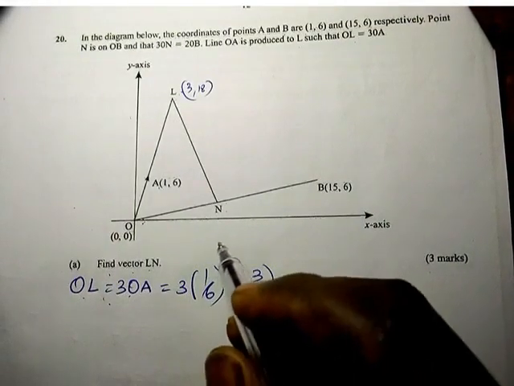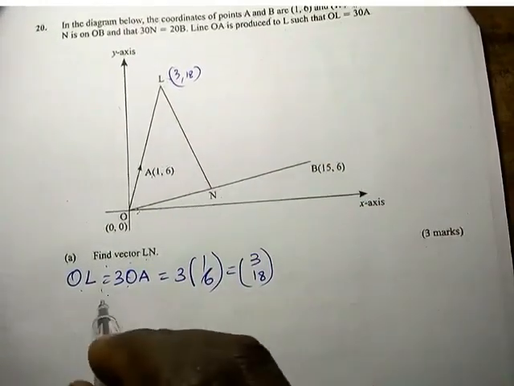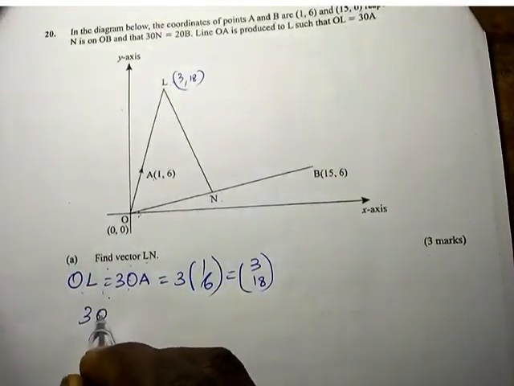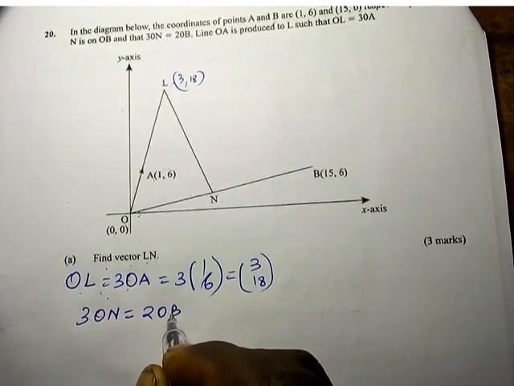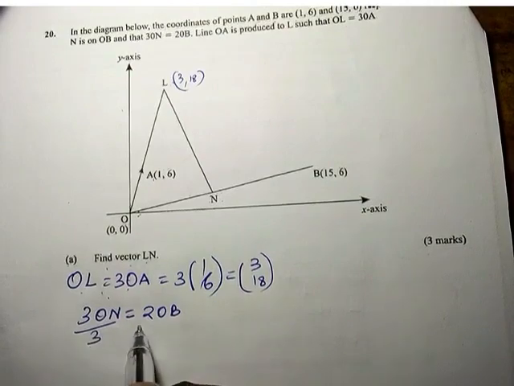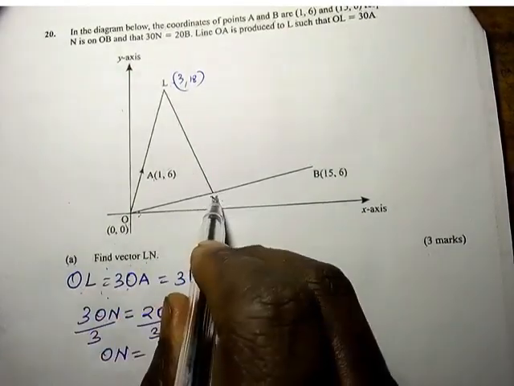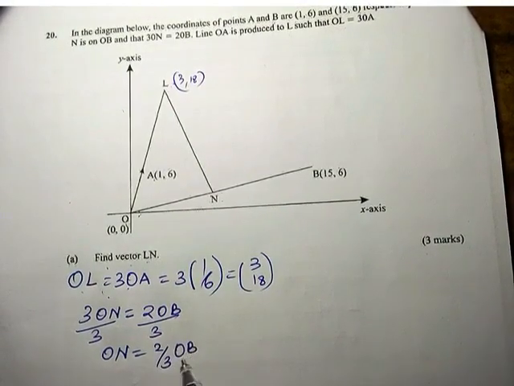And then we are told that 3ON is equal to 2OB. So meaning ON, we divide by 3. So ON is equal to 2 over 3 OB.